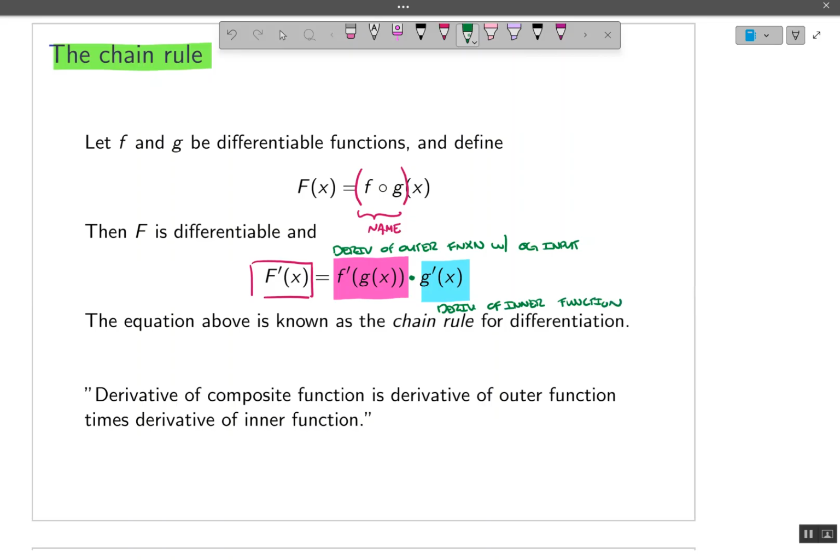And you can call this the chain rule or the composition rule.